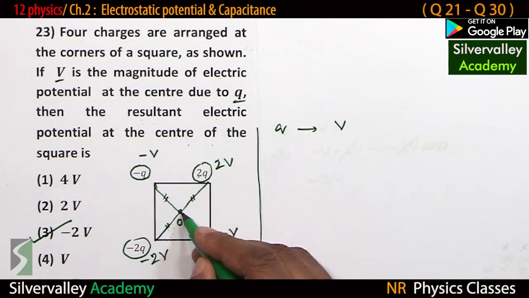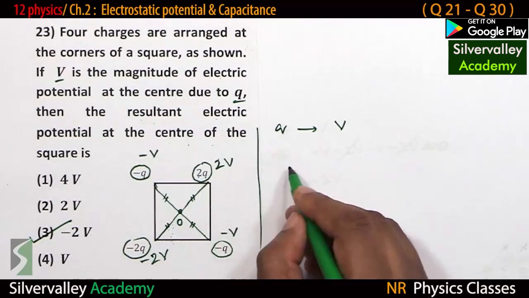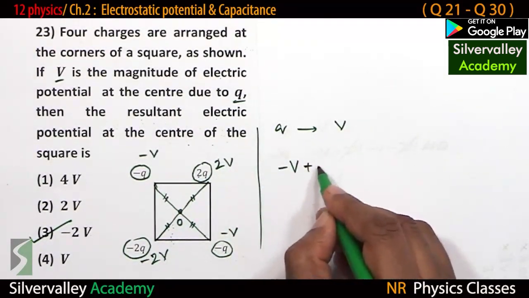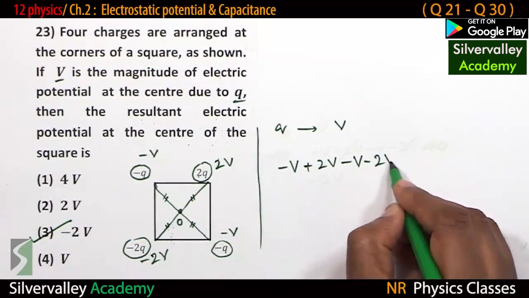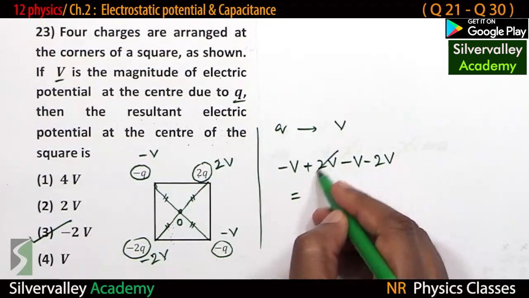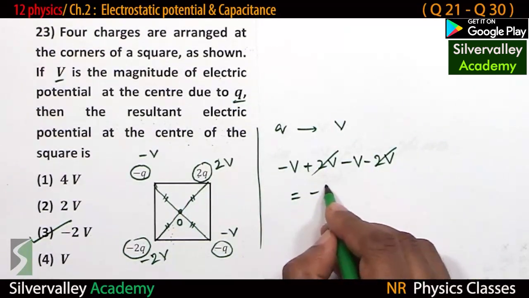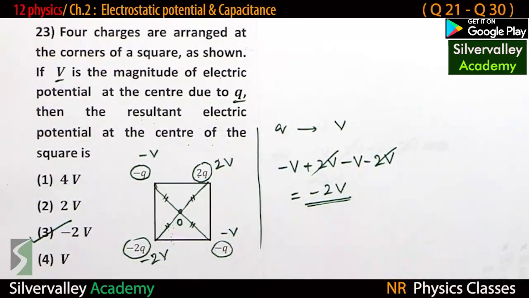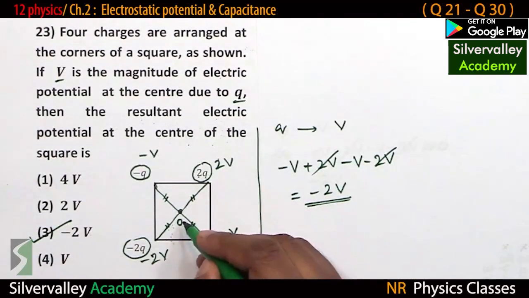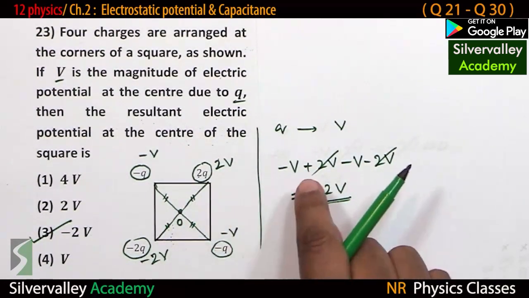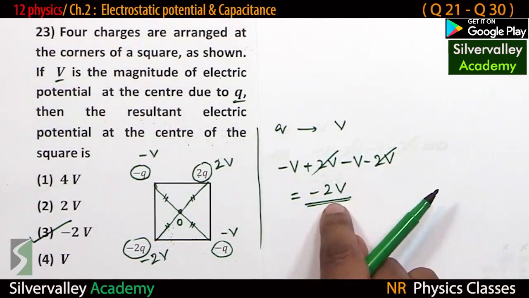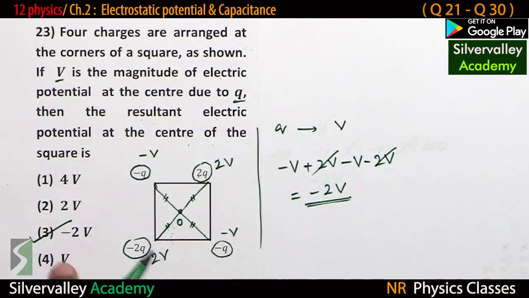And the resultant potential is the sum of these potentials: minus V plus 2V minus V minus 2V. This gets cancelled with this, it is minus 2V. So this is the resultant potential at the center. Since potential is a scalar quantity, just add these 4. Minus 2V.